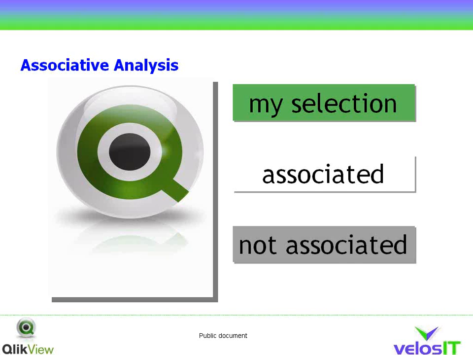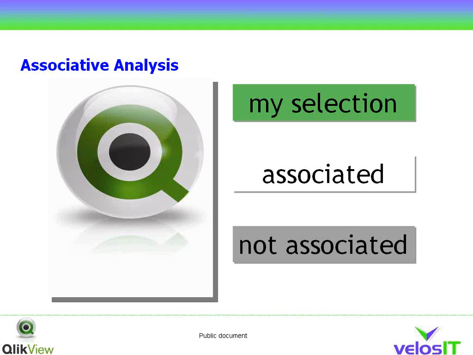So before we start the demos, I just need to cover one point on how QlikView actually works. As Mark and myself run through the demos and select information, you'll see that the data we've selected turns green.